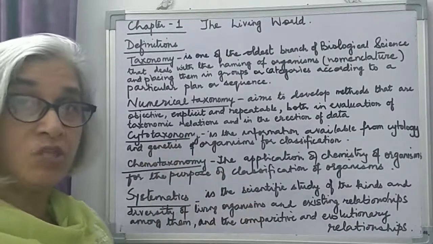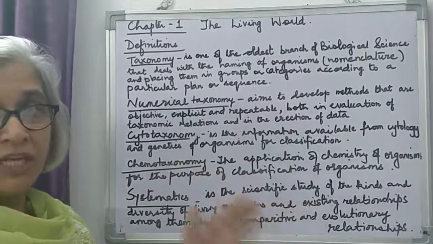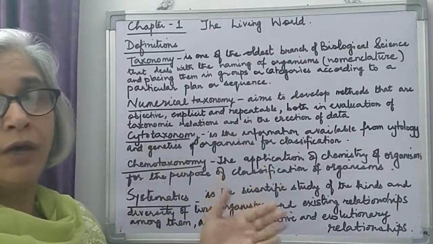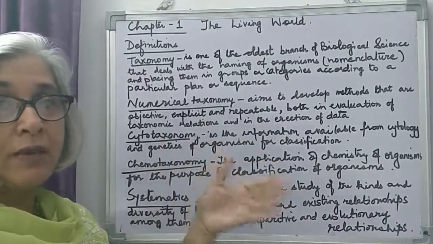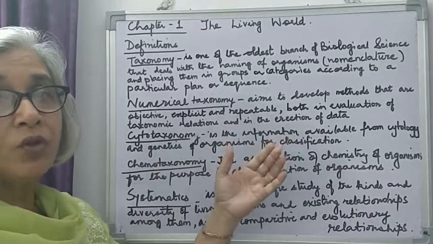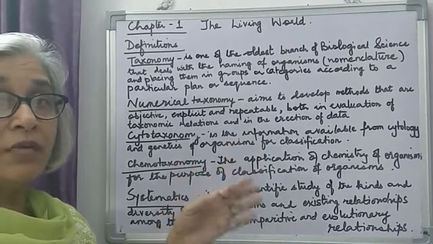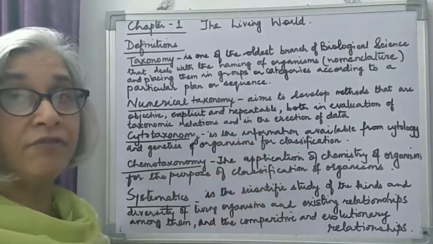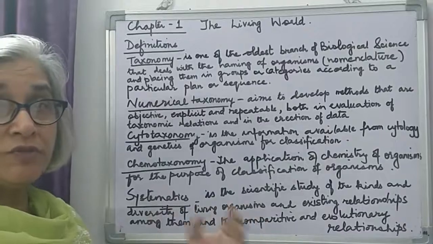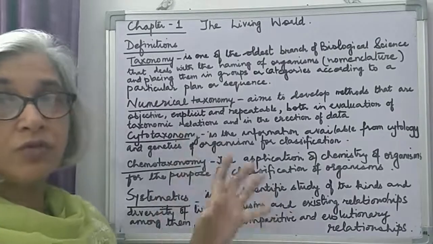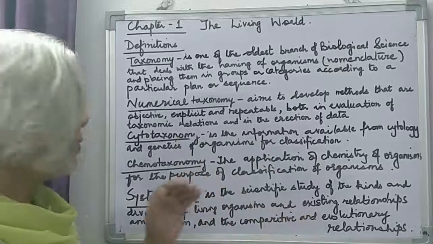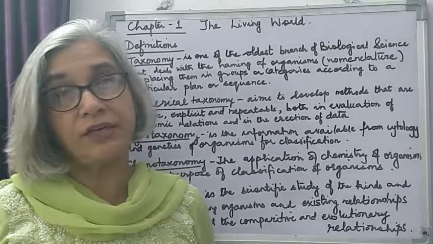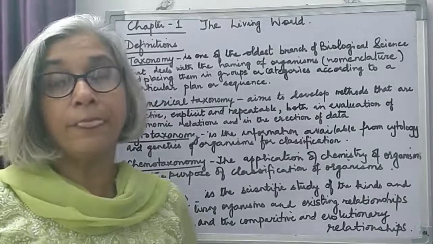Many species form a genus, many genera form a family, many families form an order, many orders form a class, many classes form a kingdom. So this nomenclature, taxonomy and comparative relationships in terms of evolution, all that taken together, that is a broader term which is called systematics. So these are some of the very important definitions. You will have to learn them.